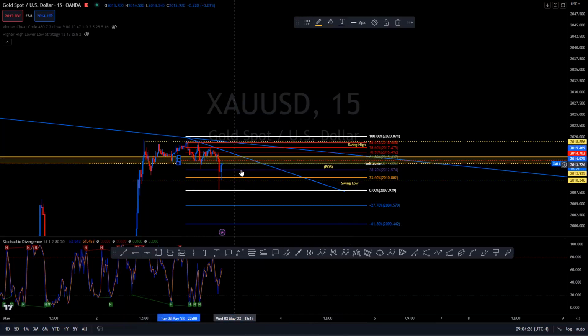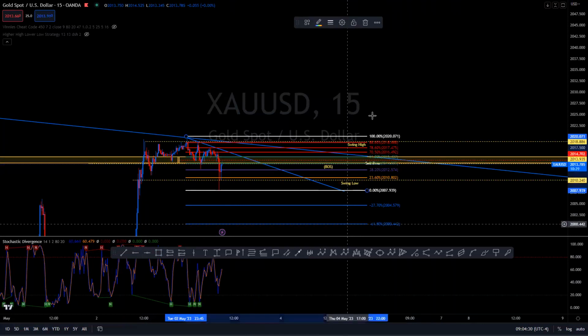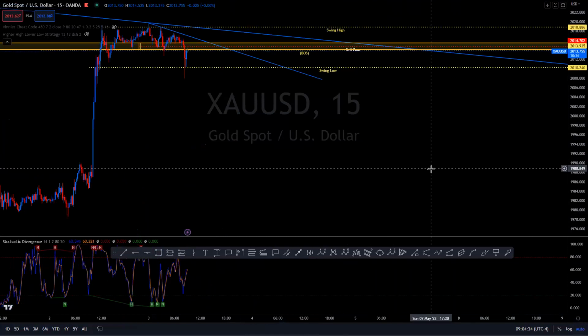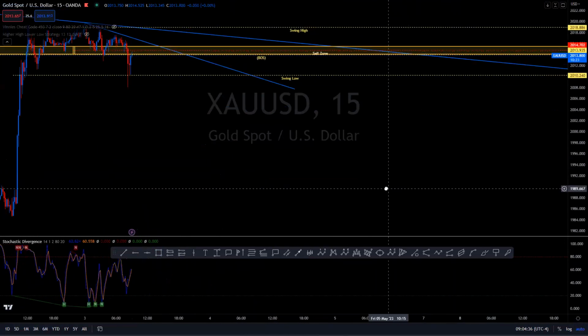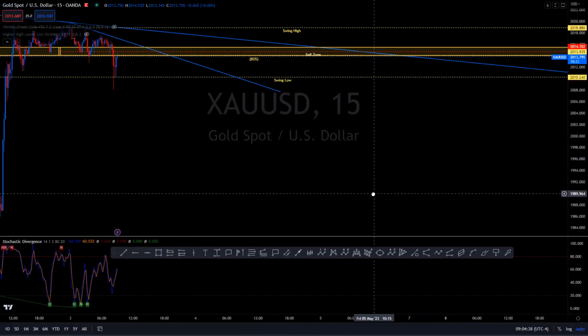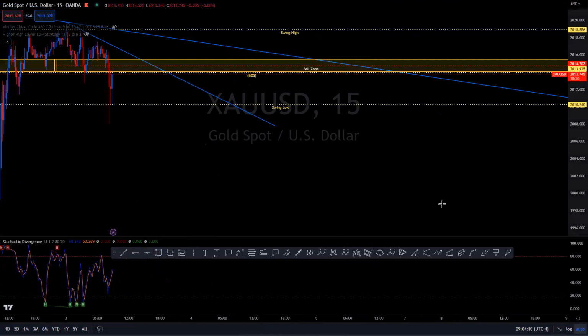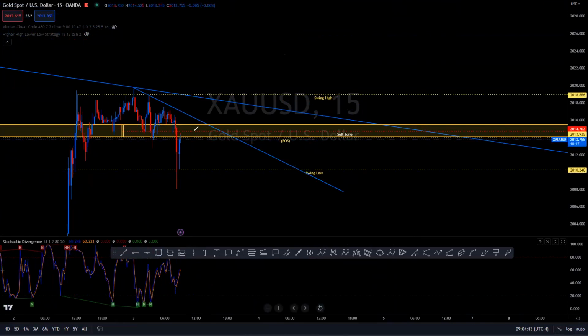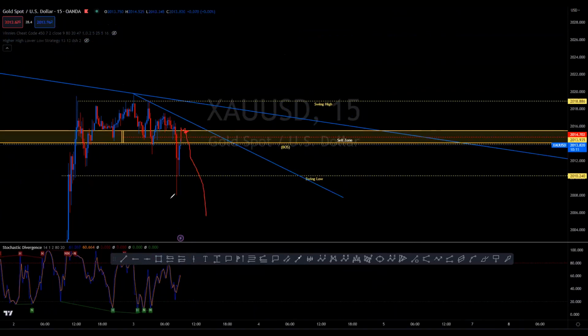I'm expecting price to possibly come up in this area and retest this area, and then further sell down and break this structure here.